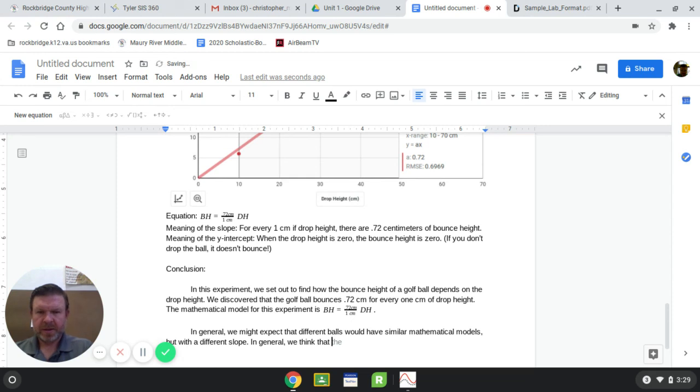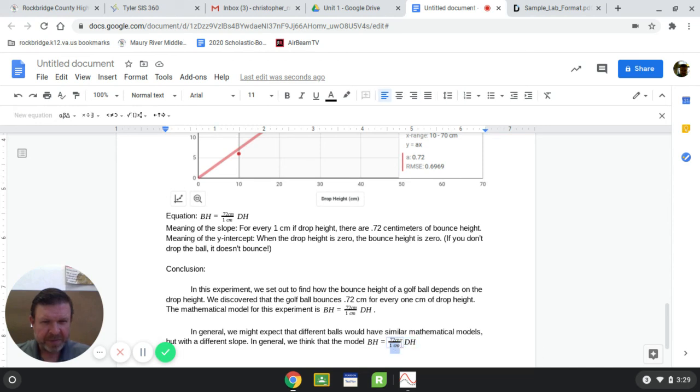In general, we think that the model, let's see, the general model would be, what would you call that? Like we have to pull this out. It would be like some number, right? I guess if the number was bigger, then it would be like a bouncier ball.